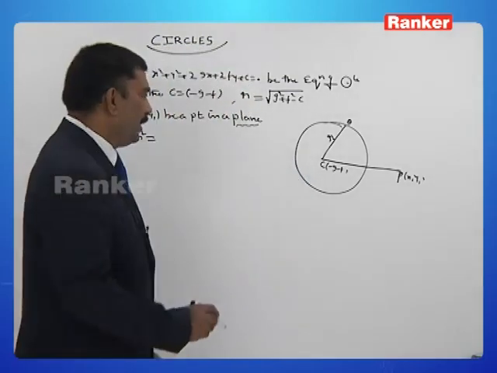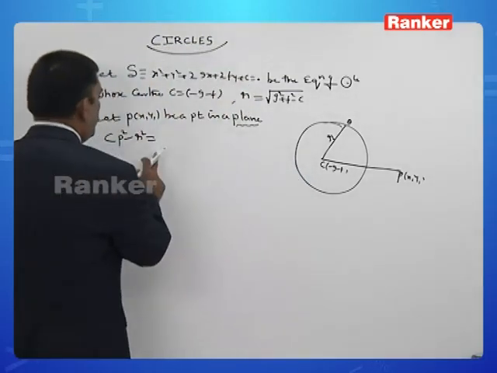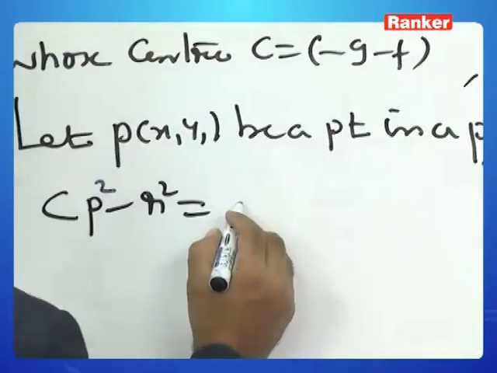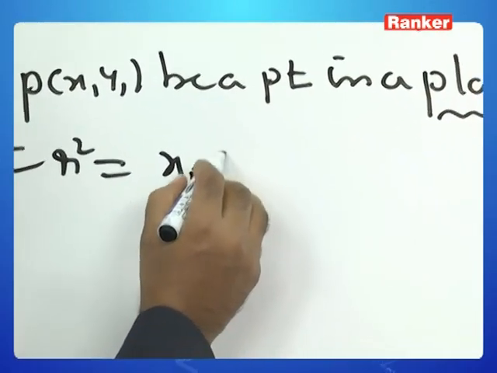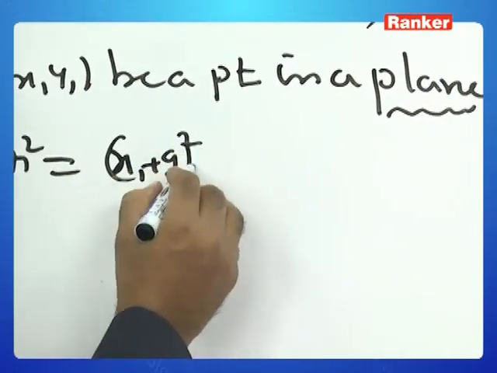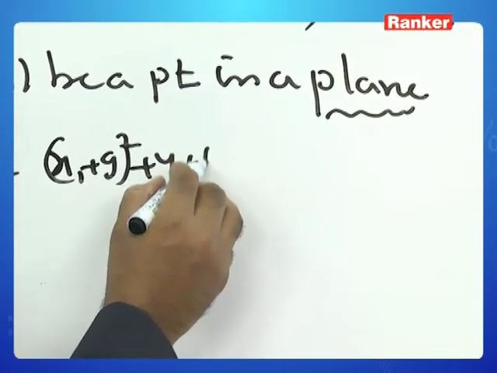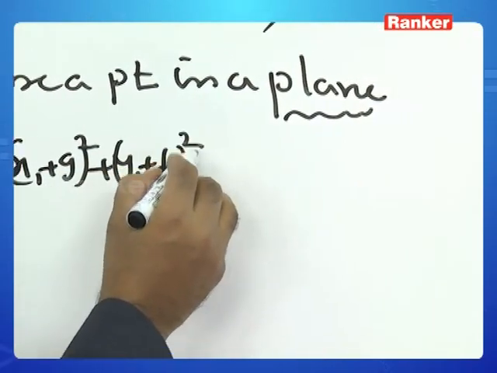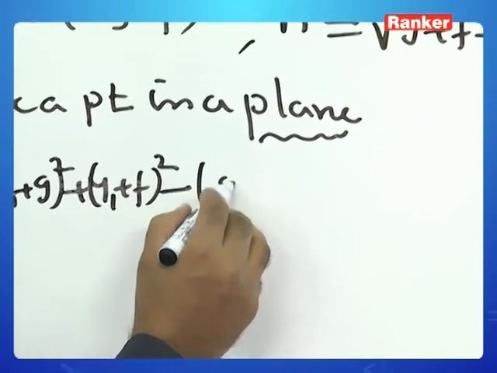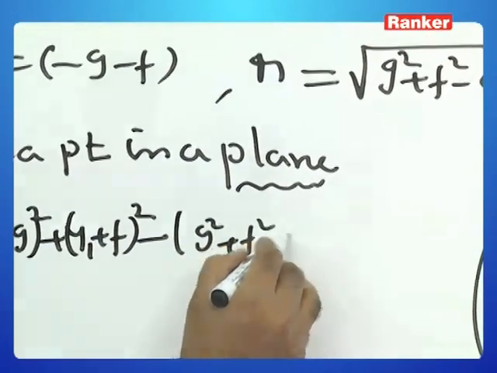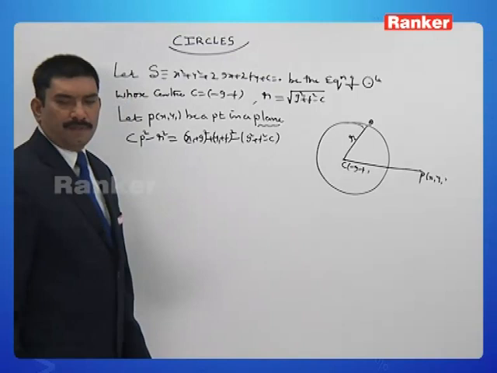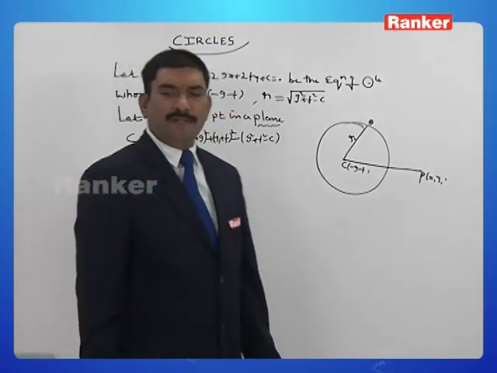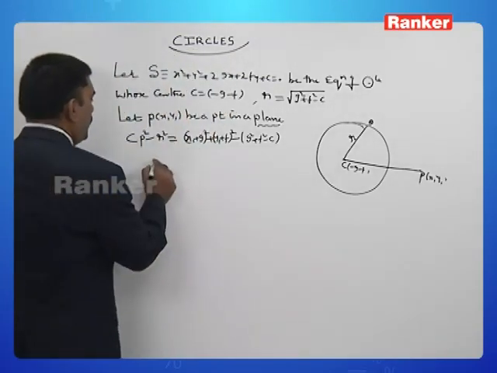Now I am going to find CP square. Apply the distance formula. This becomes (x1 plus g) whole square plus (y1 plus f) whole square minus (g square plus f square minus c). So you expand this.